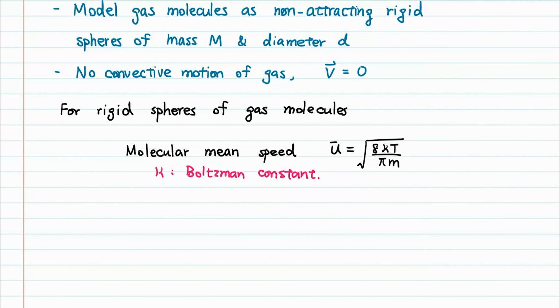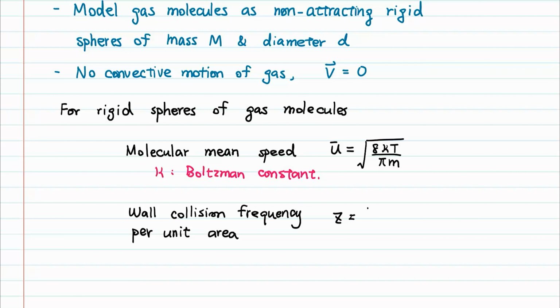We also need the wall collision frequency per unit area, which we use the symbol Z, equals 1/4 times n times U bar.